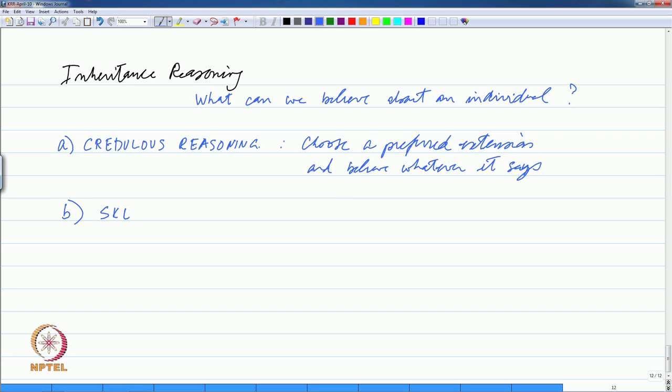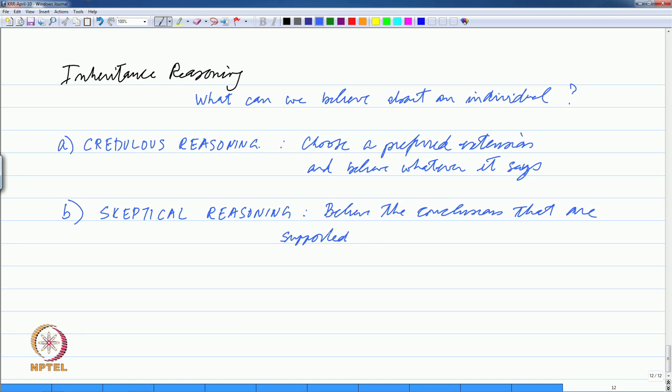Then we have skeptical reasoning. This says that believe the conclusions that are supported by any path that is present in all the preferred extensions.